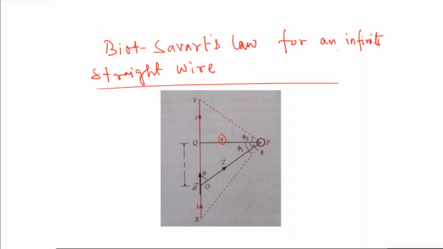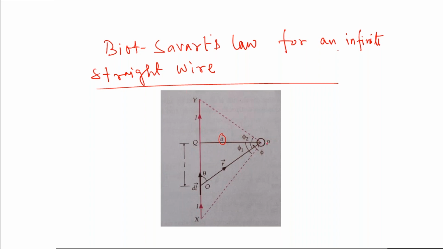At that point P, we'll first write the Biot-Savart law for that particular current element.